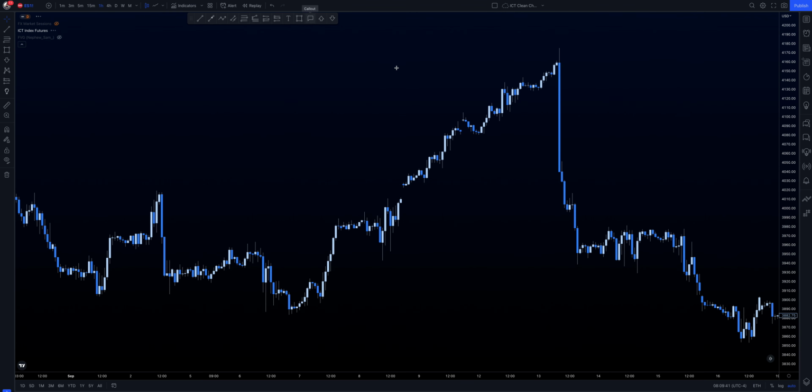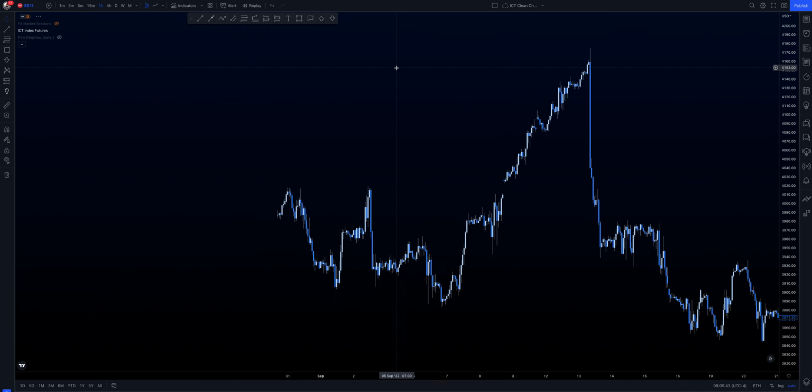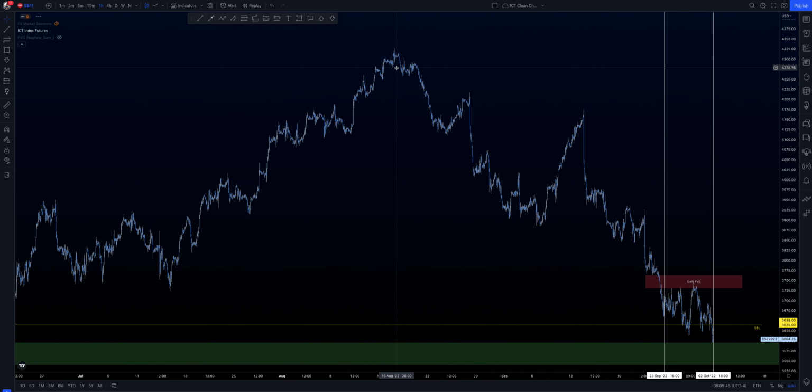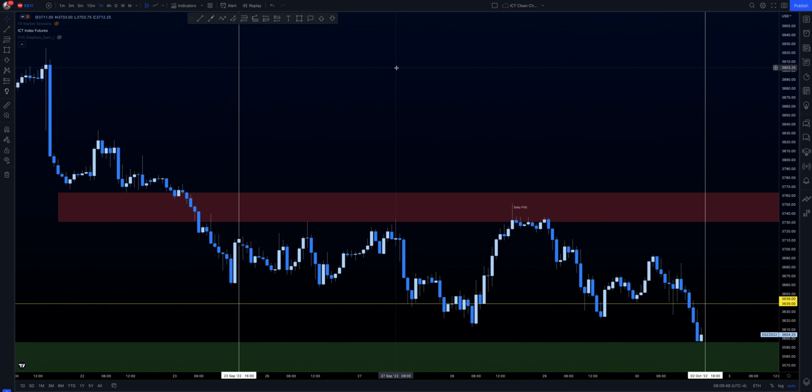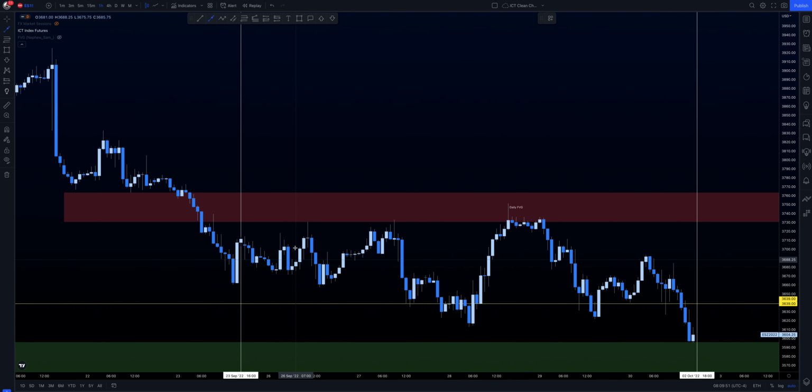So if we go to the 1-hour time frame, there's our weekly trading. And I said that the PD arrays were old highs and lows as well as fair value gaps. So we don't have any fair value gaps here. However, we have an old high.